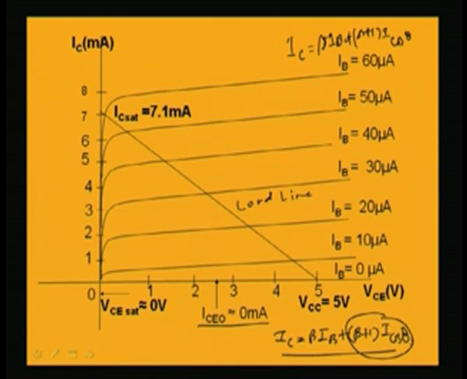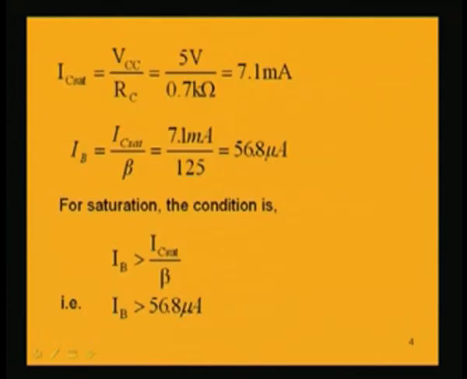So, that is 7.1 milliampere, and for that collector current, the corresponding base current is 56.8 microampere. If the base current is increased beyond 56.8 microampere, the transistor will be overdriven and the saturation condition will occur.